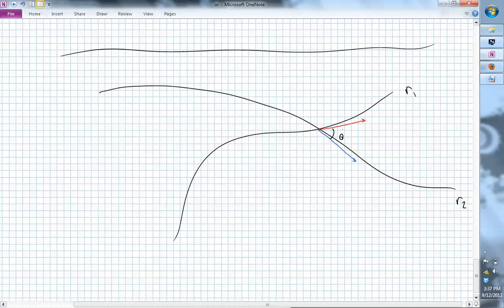That sounds like a good plan. How do I get my hands on the red vector? Derivative of r1 at the point of intersection. So there's still a little bit to be done here. Similarly with the blue vector, derivative of r2 at the point of intersection.